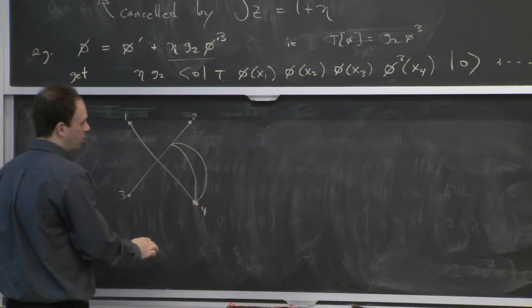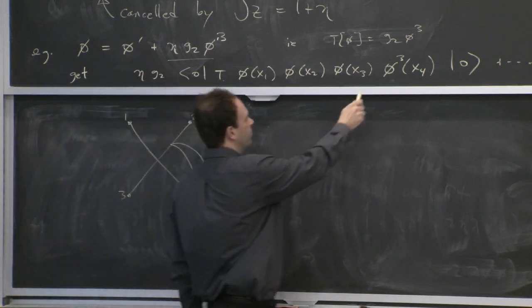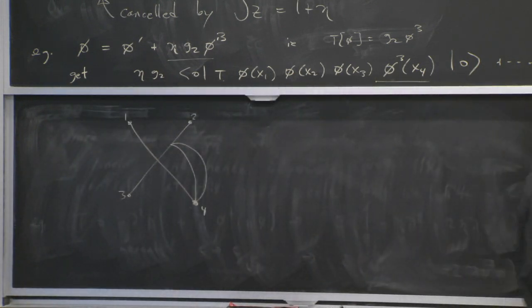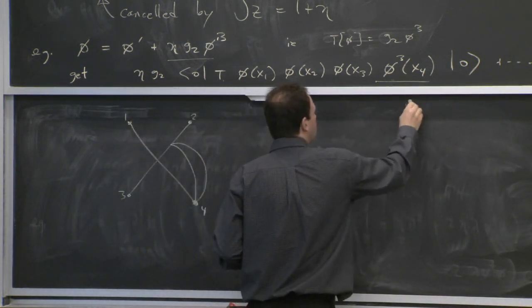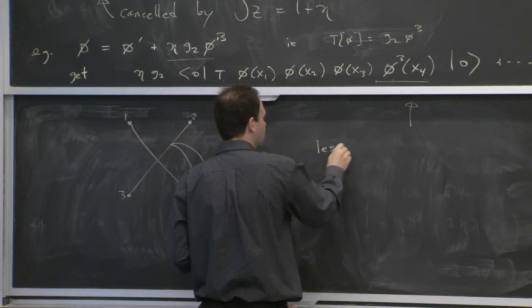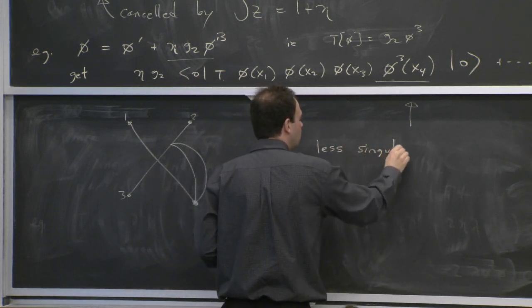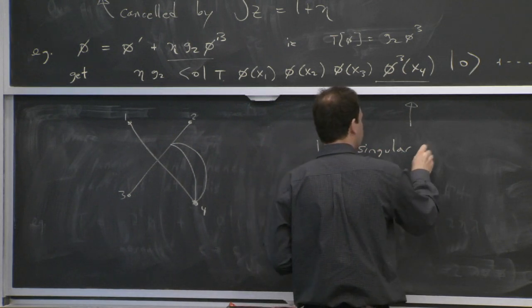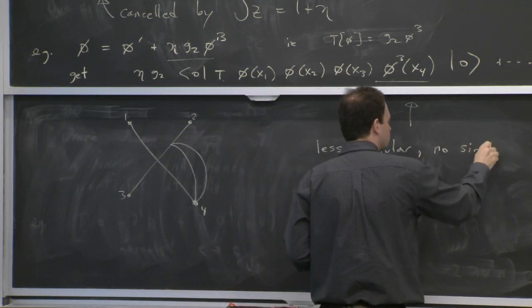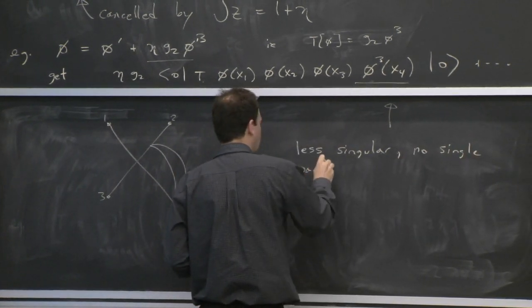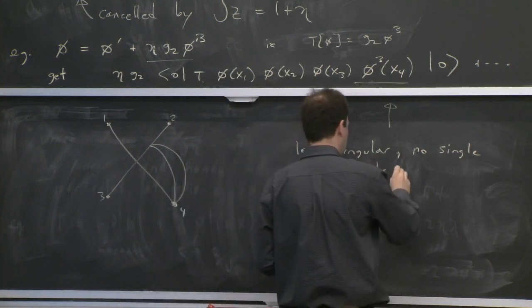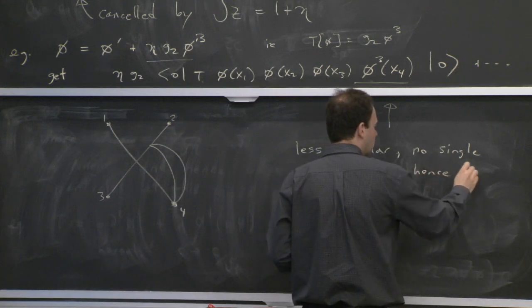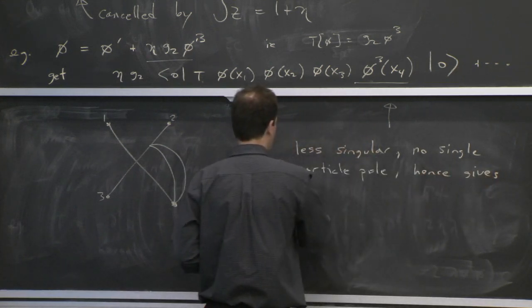And when you look at asymptotically what's going to happen from having a phi cubed, you do not get a single particle pole from a phi cubed. So this guy is less singular. There's no single particle pole, and hence gives no contribution to scattering.